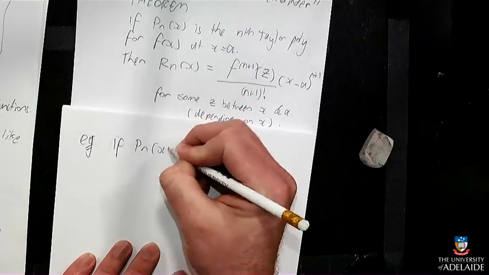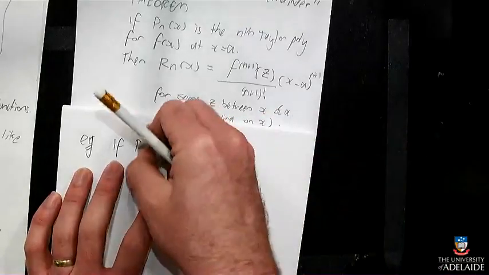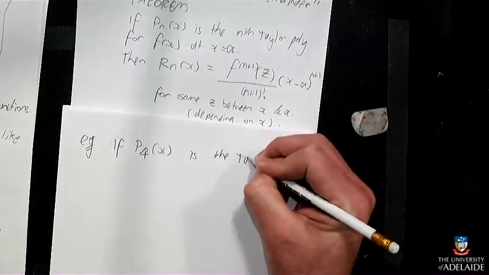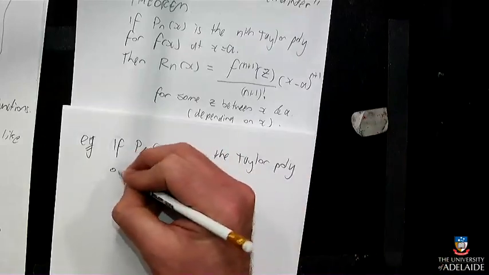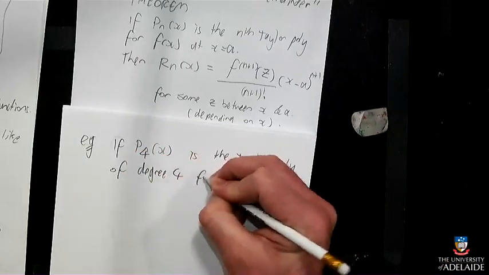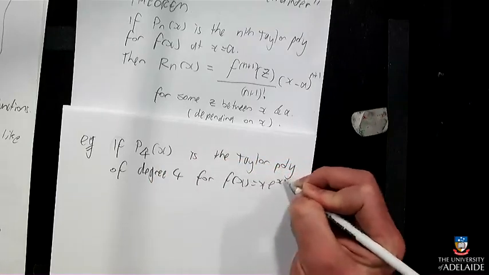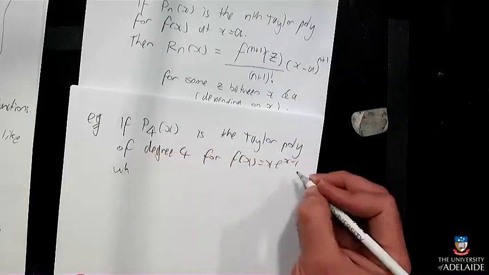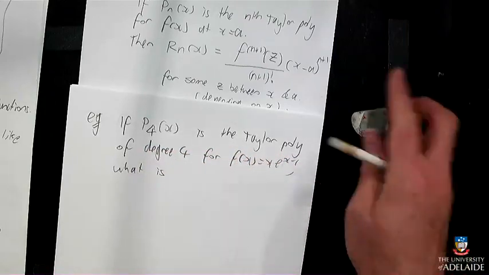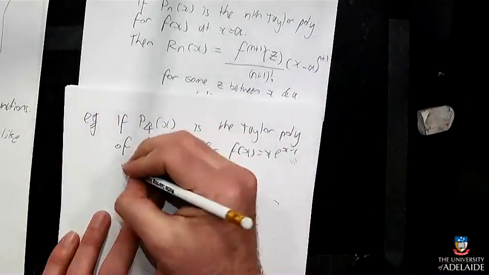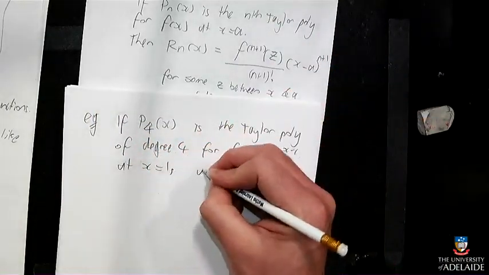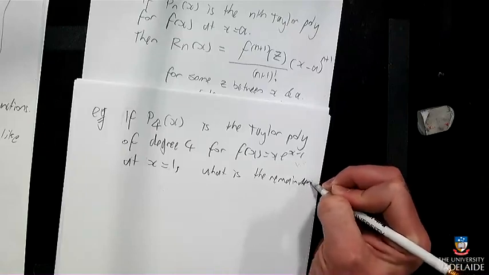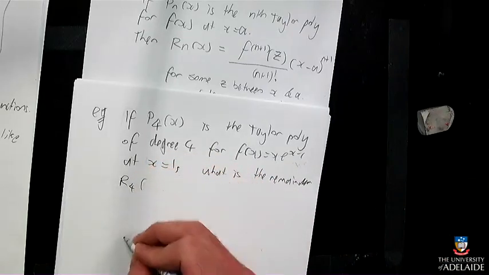If P4(x) is the Taylor polynomial of degree 4 for f of x, which is x e to the x take 1, at x equals 1, what is the remainder R for 0?